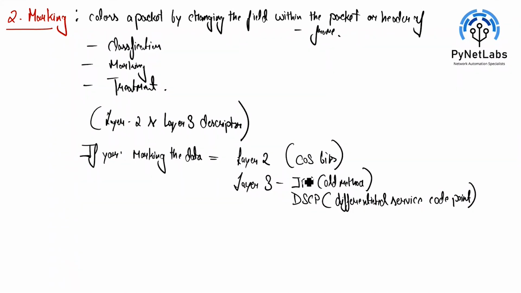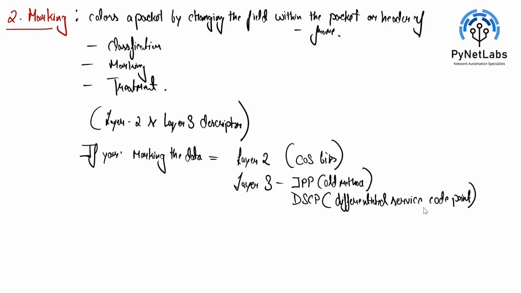There are various DSCP values, and accordingly we are going to decide. Differentiated services code points define marking on layer 3. And IPP is IP precedence, the full form of IPP. It's not used in today's organizations, but you must be aware of what kind of marking it does with layer 2 or layer 3.